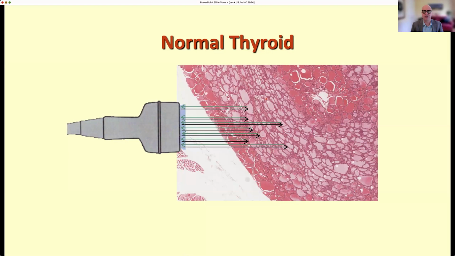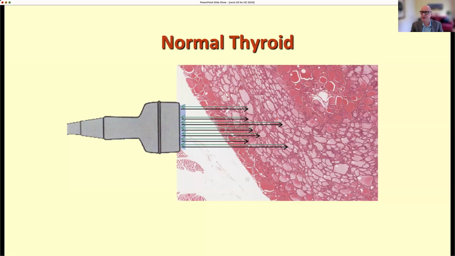The other thing that is important to know about the thyroid is that it is made of follicles, these large follicles. And large follicles are really an alternation of solid tissue with fluid. So what are these if not a large number of interfaces? And I did tell you that ultrasounds are reflected each time an ultrasound hits an interface.